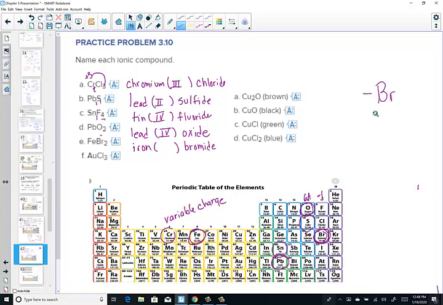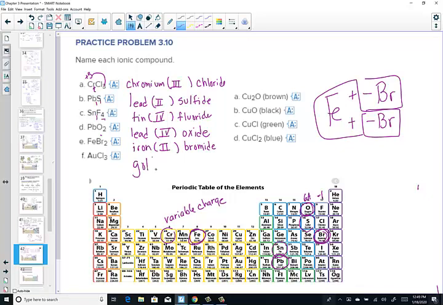See the ratio of negative ions. There's 2 units of Br negative bonded to 1 iron. The iron has to carry a +2 to balance the 2 individual -1s on bromide. Iron 2 bromide. You're doing good.